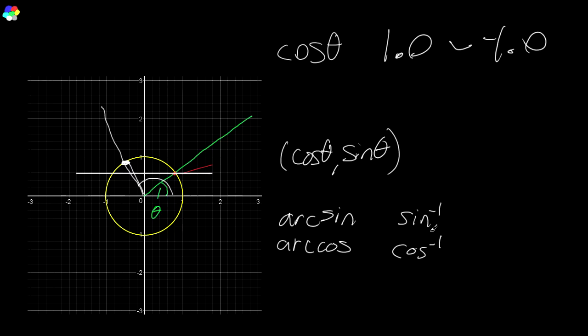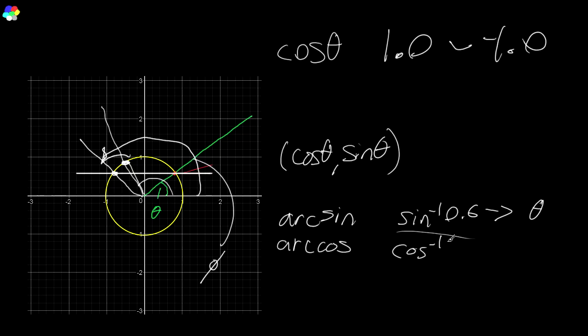So sine -1 of, let's say this is 0.6, is going to be theta, whatever this theta is. But there's a problem with that, right? Because that's not the only angle that can produce this y. This angle here, if I draw a little line from here to here, could also produce that y. We'll call this angle phi. So there is not one conclusive answer when you take the arcsine.